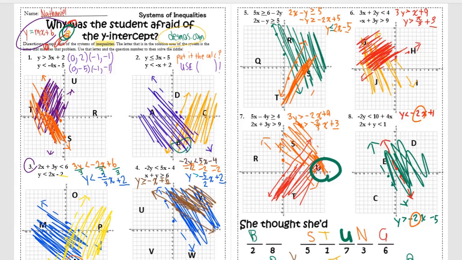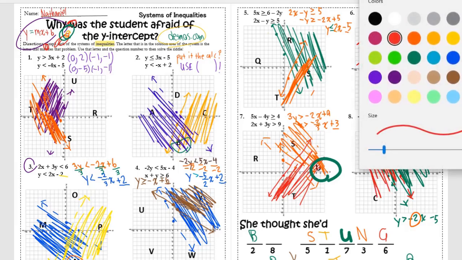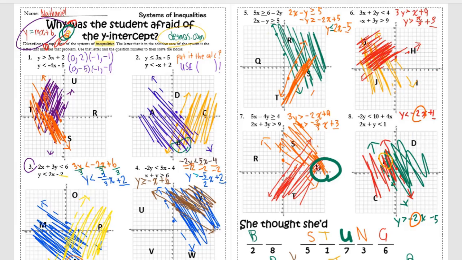And less than means y values that are less than our y-intercept, which is 1. So y values like negative 2, negative 3, that's in this direction. So we see that E lies in our shaded region. So E is the answer for our final problem, which is number 8.